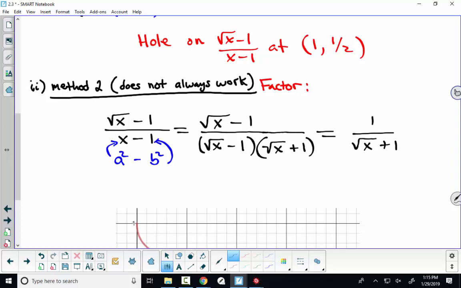So computing the limit on this is equivalent to the limit on this. Therefore, the limit as x approaches 1 on the simplified version of our function yields the same result.